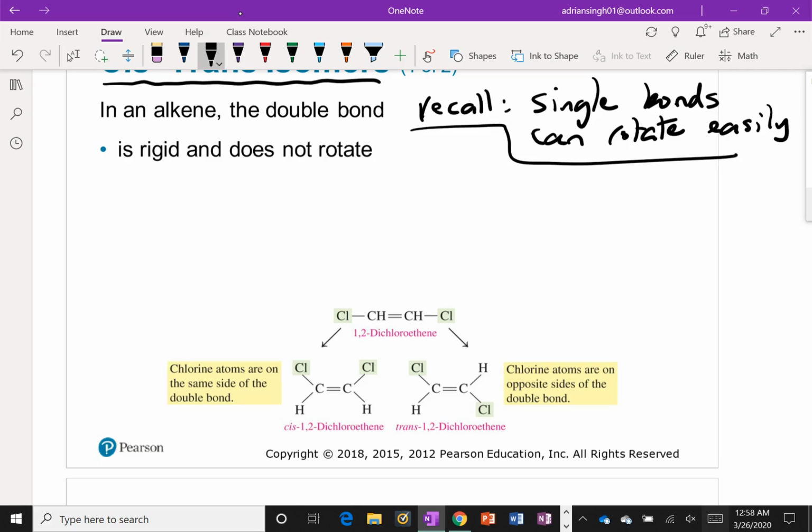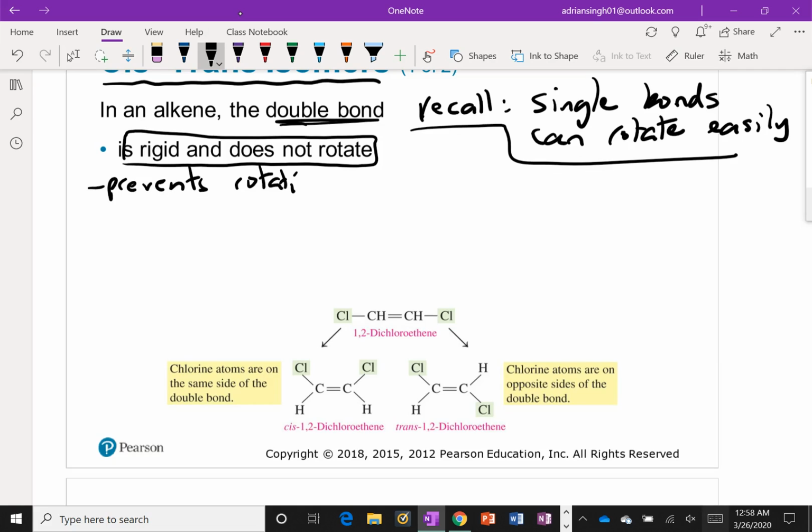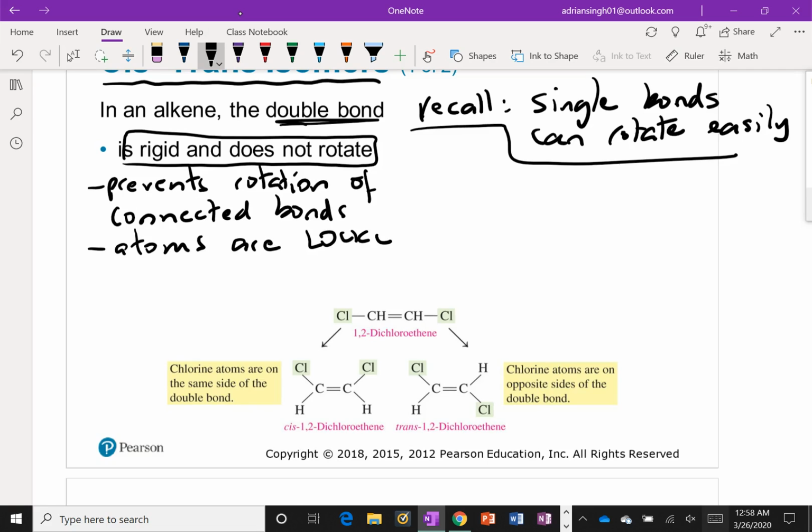When you have double bonds, the double bond is very rigid and it does not rotate, so it prevents rotation of the connected bonds. What that means is that the atoms connected are locked in place, and that leads to this special type of isomerism known as cis-trans or geometric isomerism.